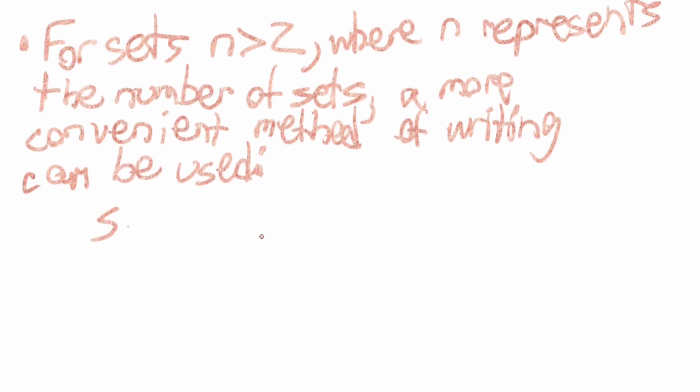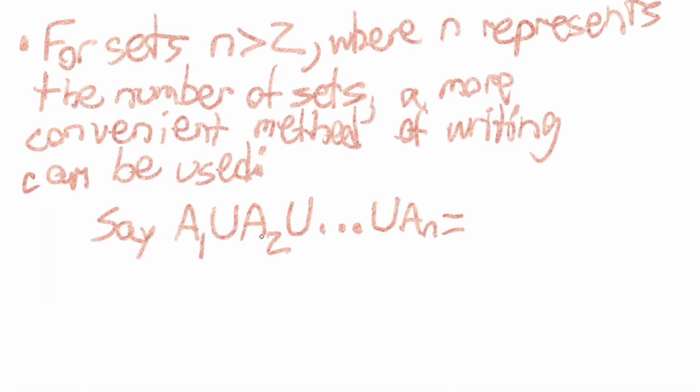So let's say sets A1 union A2 union, so on and so forth, all up to the set An, can be written as the union of i equals 1 to n of Ai.